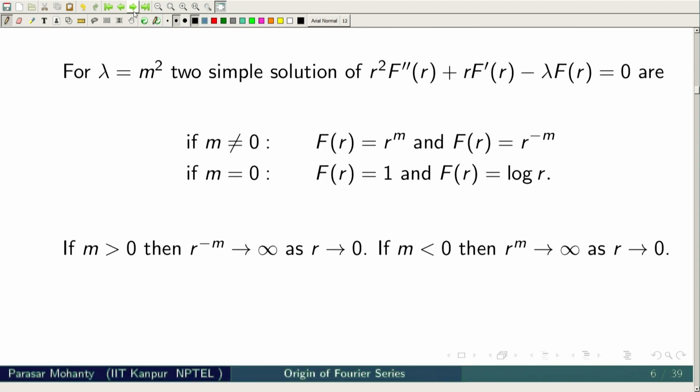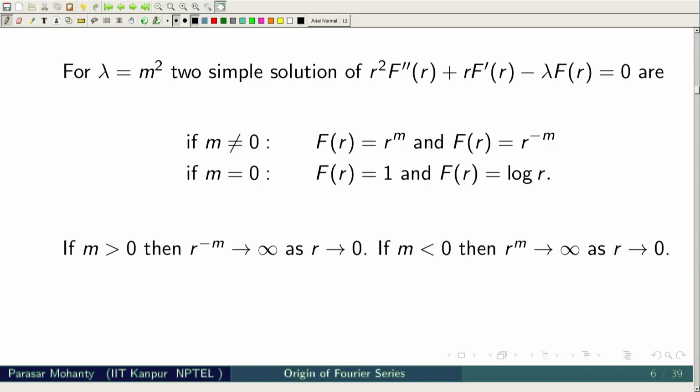Now, if m is greater than 0, then r to the power minus m goes to infinity as r goes to 0, because this is going to be 1 by r to the power m. And if m is less than 0, then r to the power m goes to infinity as r goes to 0.